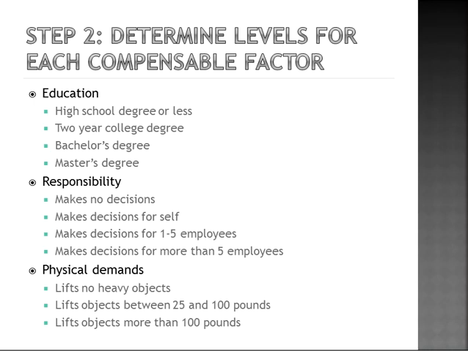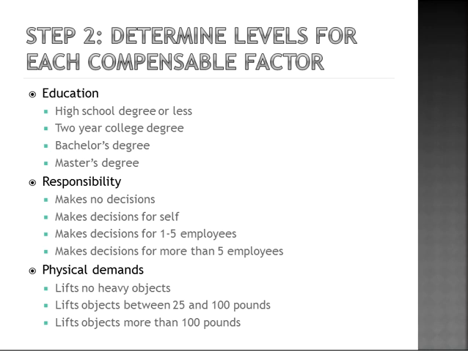Step 2, determine levels for each compensable factor. So you have to make a determination as to the value of these compensable factors in the big picture. So we have education: high school degree or less, 2-year college degree, bachelor's degree, or master's degree.